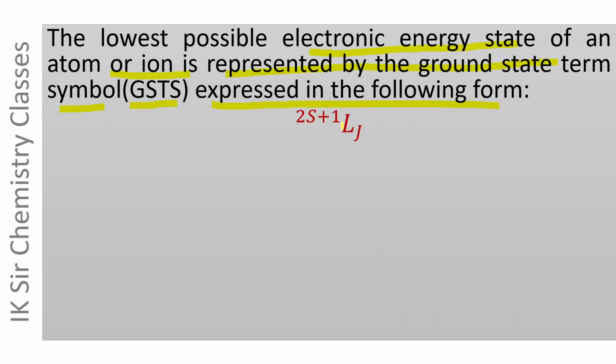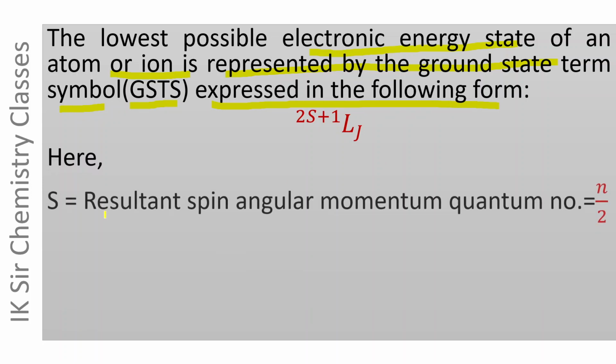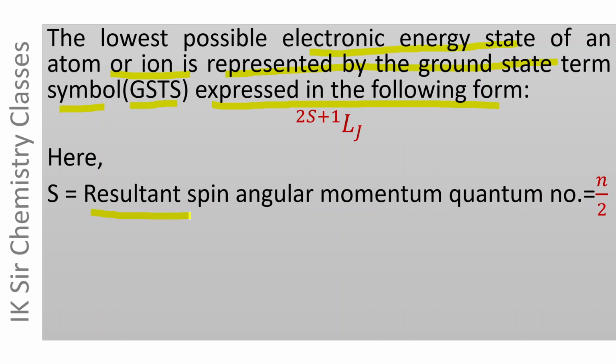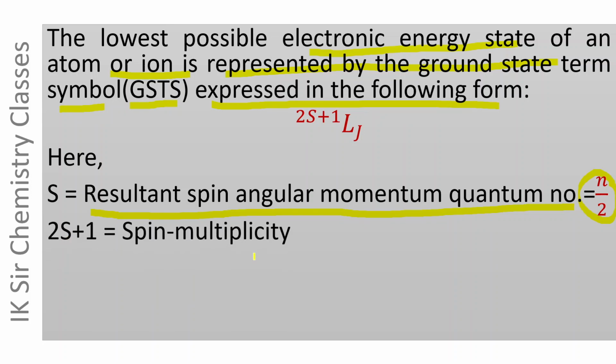2S+1 L_J. Here S is the resultant spin angular momentum quantum number, and it is simply the number of unpaired electrons divided by 2. 2S+1 is called the spin multiplicity of the electronic state.